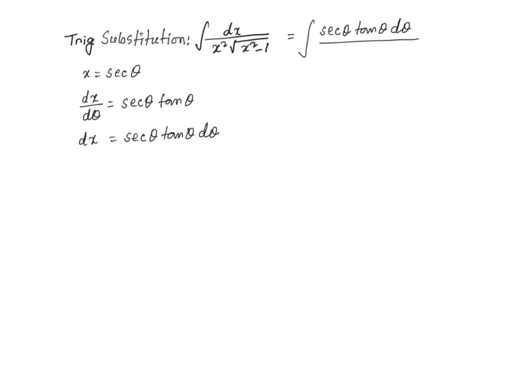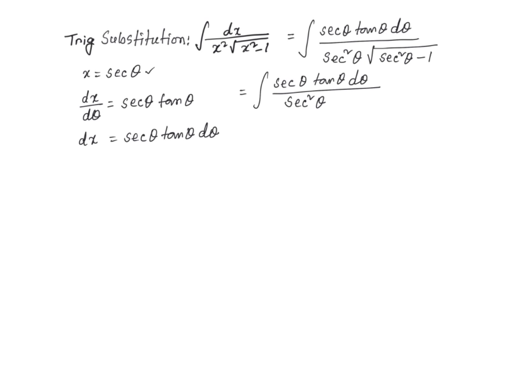Then I divide it by x squared, which is going to give me secant squared of theta because x equals secant theta, times the square root of secant squared of theta minus 1. So let's simplify it even further.